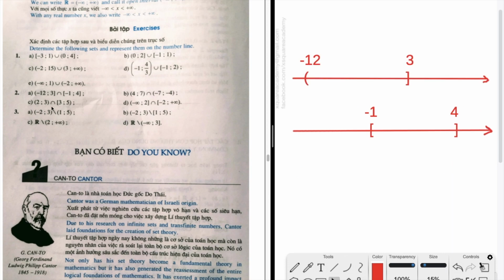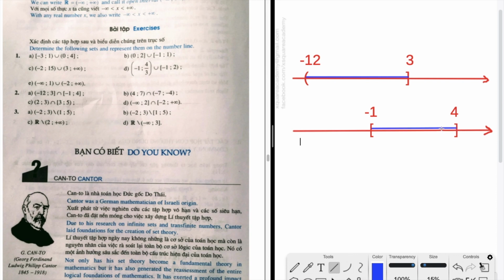Okay. Problem 2. A: the open interval from -12 to 3 intersect with the closed interval from -1 to 4. This is the first set and this is the second set.